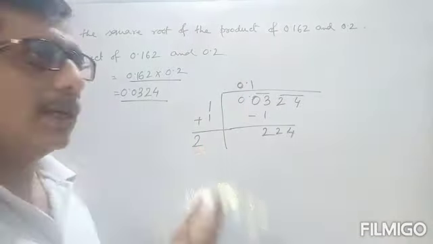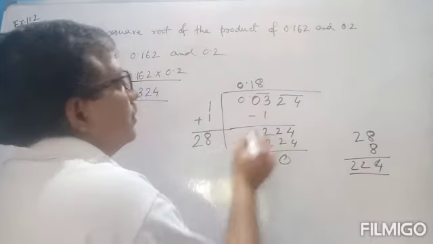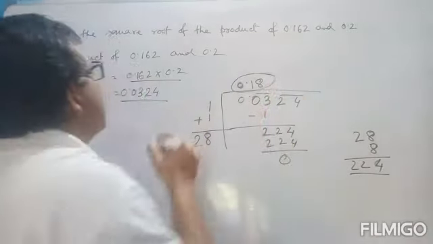So try to put 28. So 28 into 8, 64, 16 plus, carry the 6, 16 plus 6, 22. Very good, to 24. So we put 28 here, 8 here, this is 224, remainder is 0. So square root is this.